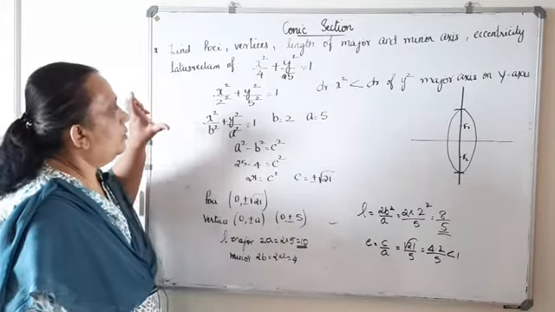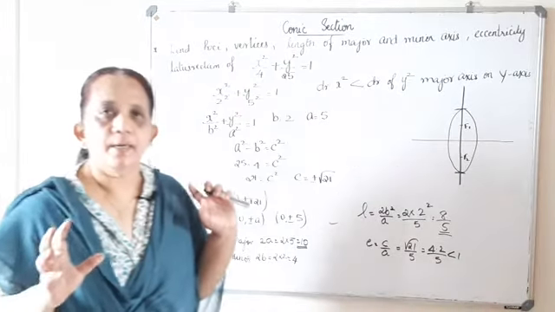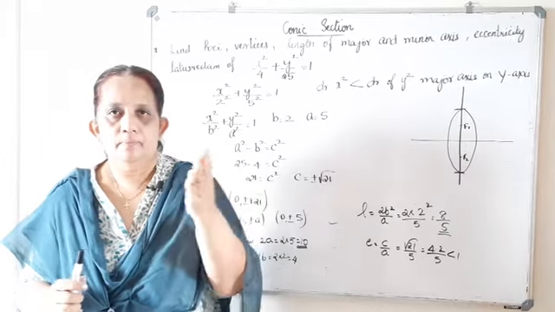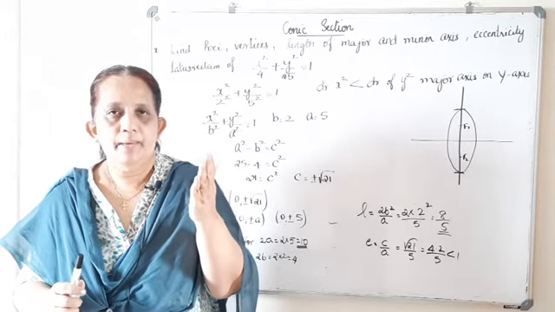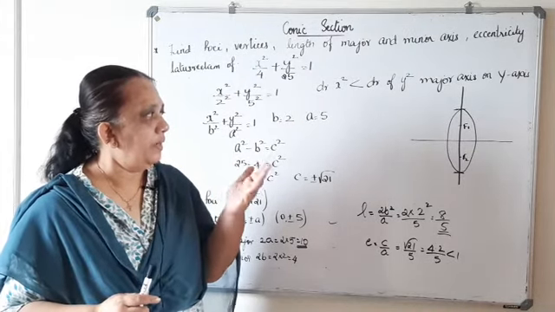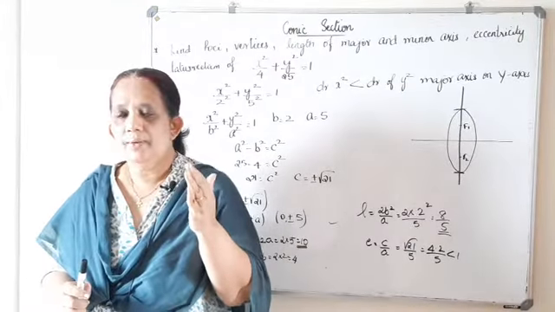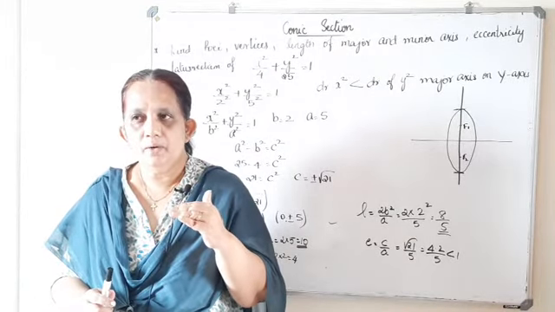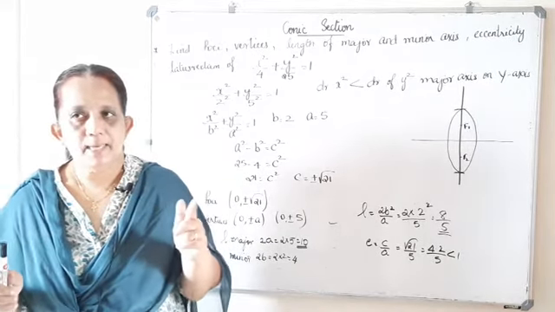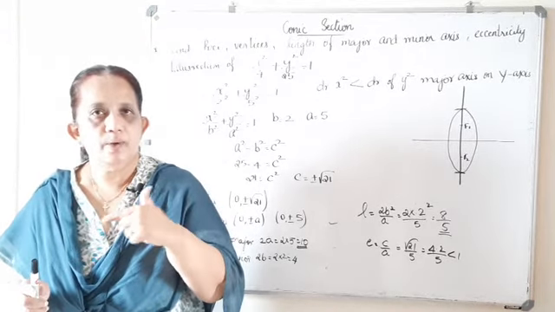So first write down the formula, check out to which category of ellipse it belongs, whether the denominator of x squared is greater than the denominator of y squared, or less than that of y squared. If the denominator of x squared is greater than the denominator of y squared, that means the major axis lies along the x-axis, so it is of the form x squared by a squared plus y squared by b squared is equal to 1.